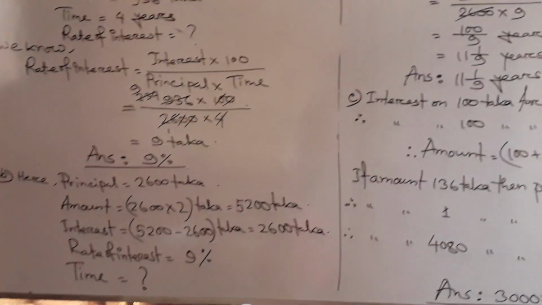So 5,200 taka is the amount. So here principal is 2,600 and amount is 2,600 multiplied by 2, that is 5,200. Now interest is amount minus principal.